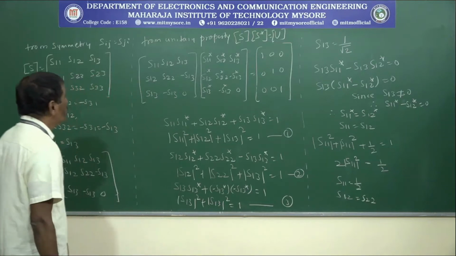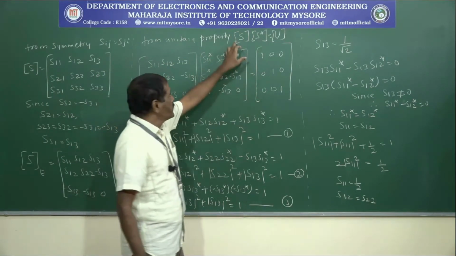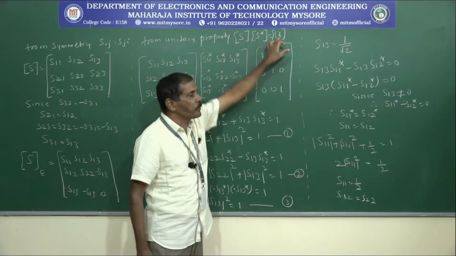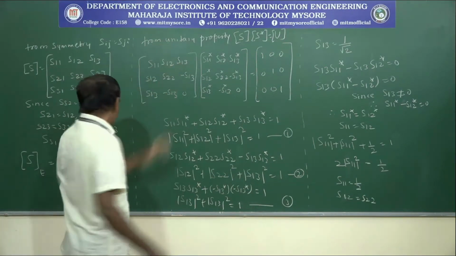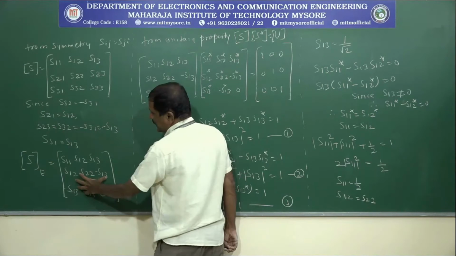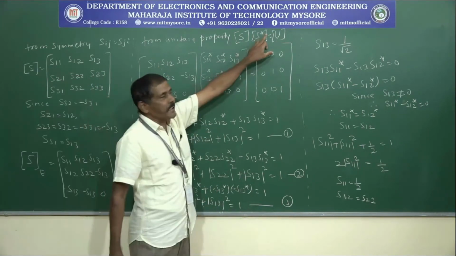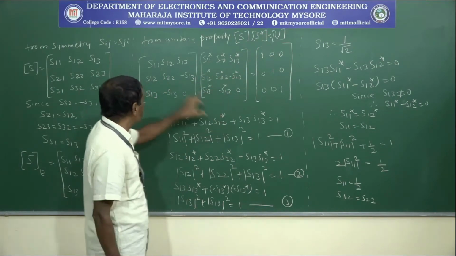Now, from the unitary property of the S matrix or the S parameters, we know that S S-star equal to U. Now what we are supposed to do is write this S matrix as it is here, and the S-star, that is the complex conjugate of this particular matrix, here.